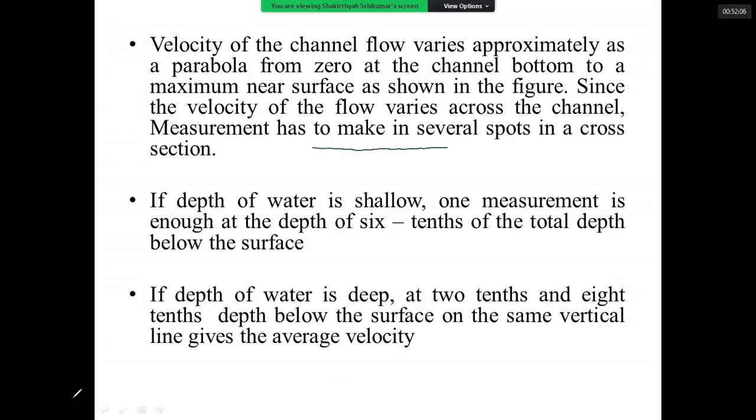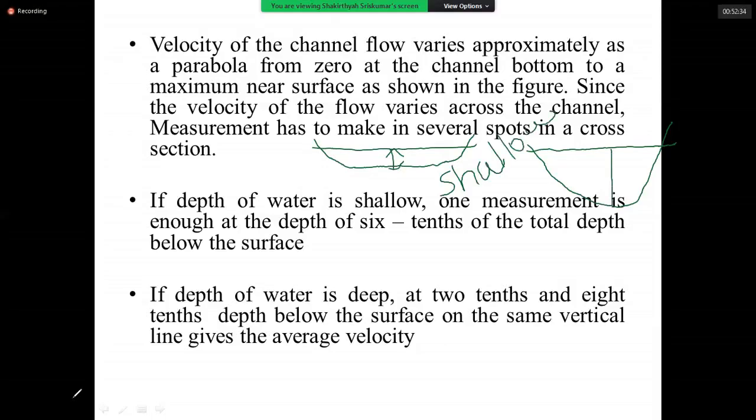Sometimes your stream is something like this, and there is a possibility your stream is like this. So here the depth is very less. This type of stream we can call a shallow depth stream.